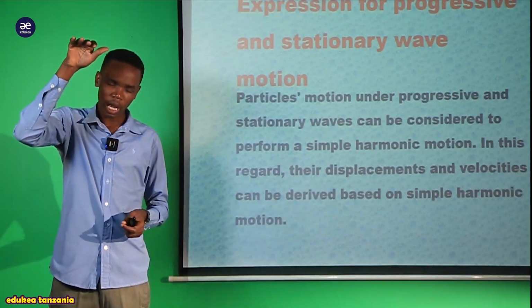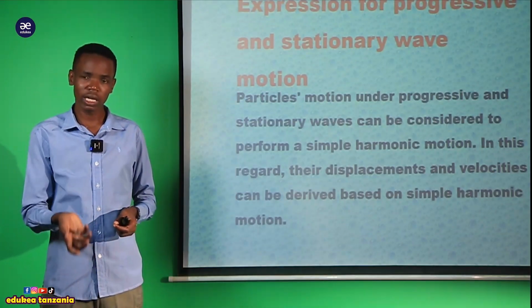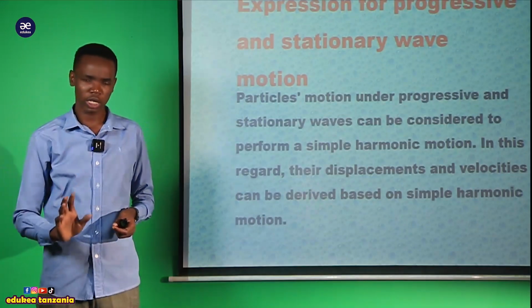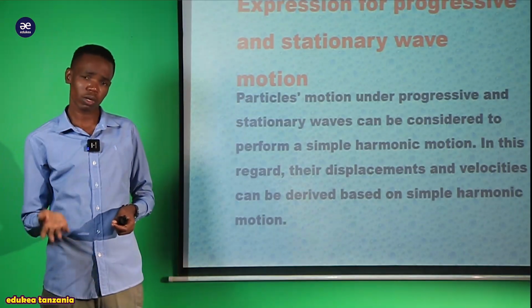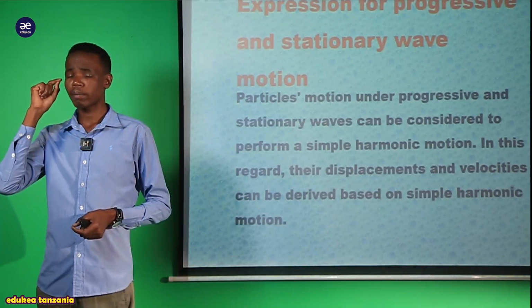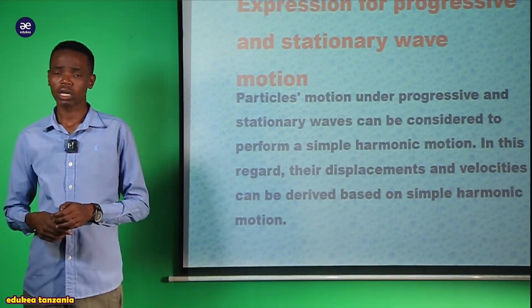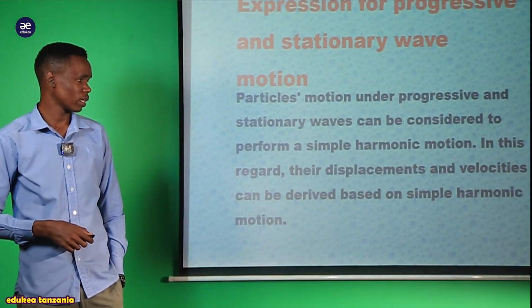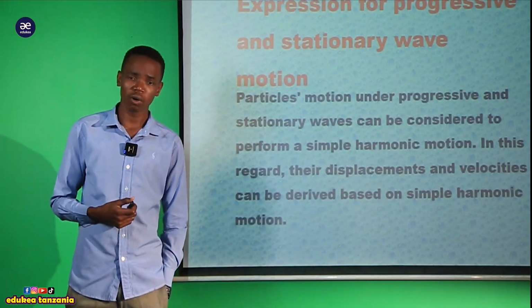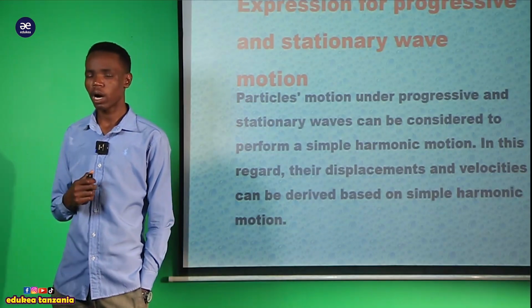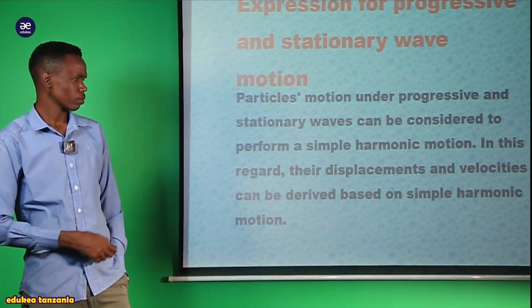It means they can move upward and downward. If they reach the maximum point, they go down, and when they reach the minimum point, they go up. That is what we are trying to explain here, my lovely students. They undergo simple harmonic motion.